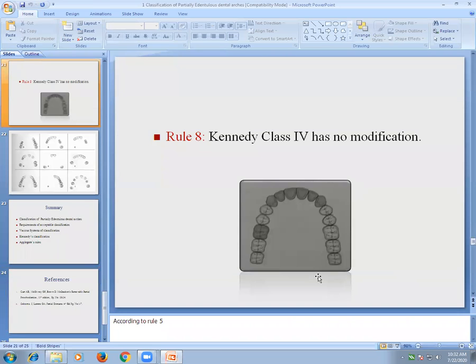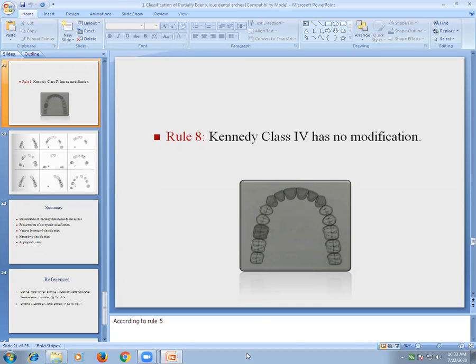Coming to rule number 8: Kennedy class 4 has no modification. Now this is the really challenging rule. Actually, we should know why Kennedy's class 4 has no modification. According to the 7th rule we just saw, we should come to know the exact reason why there is no modification area for class 4.